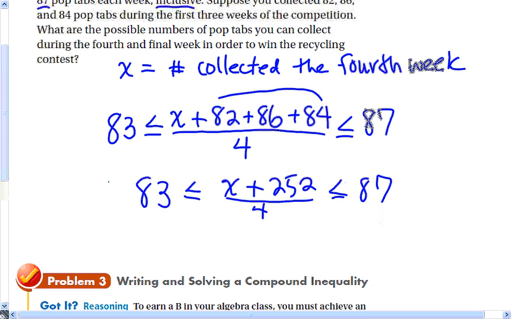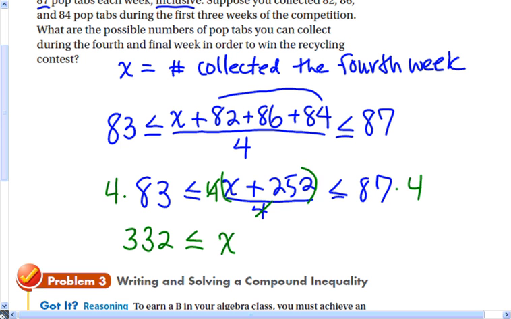So I'm going to multiply this by 4, this by 4, and this by 4. And 4 times 83 is 332. That has to be less than or equal to x plus 252. And that has to be less than or equal to 348.